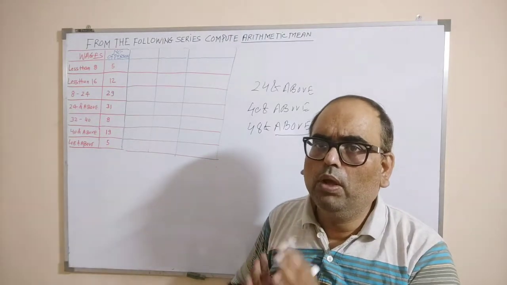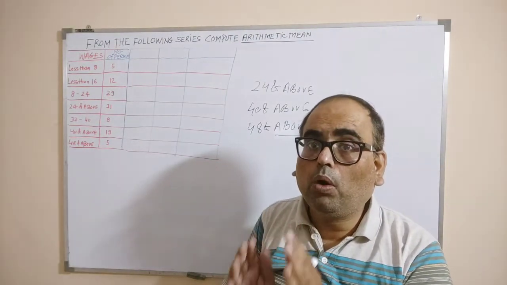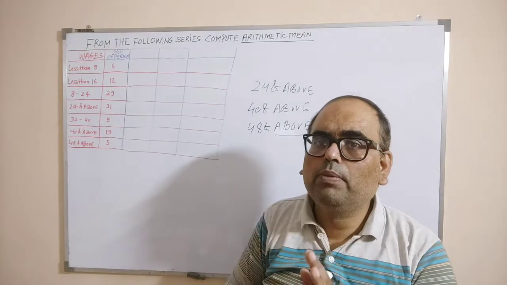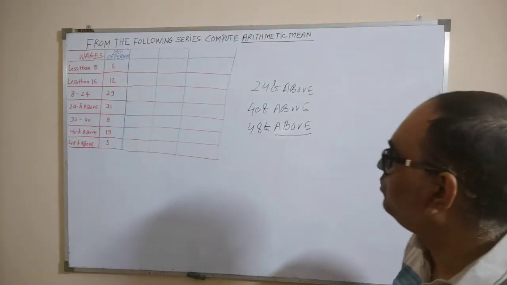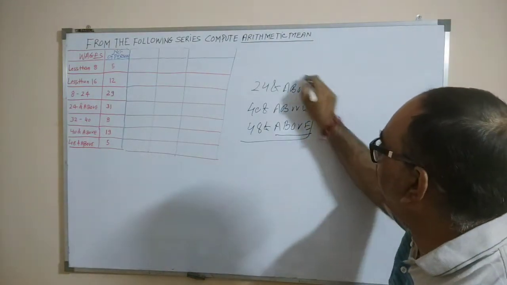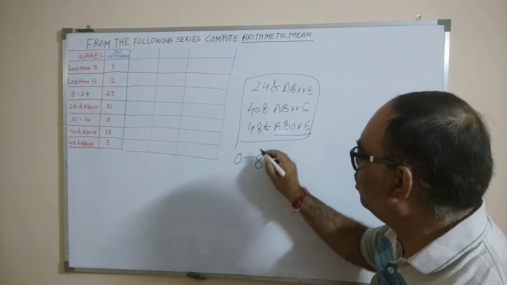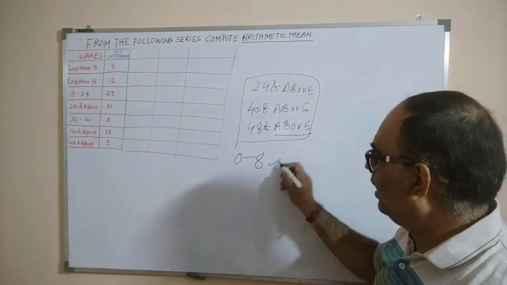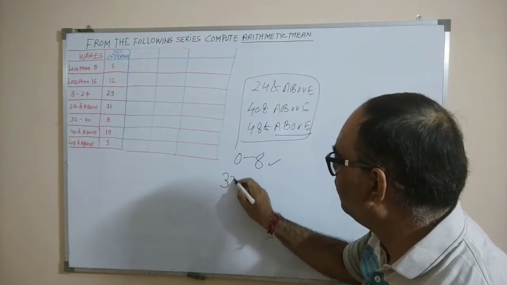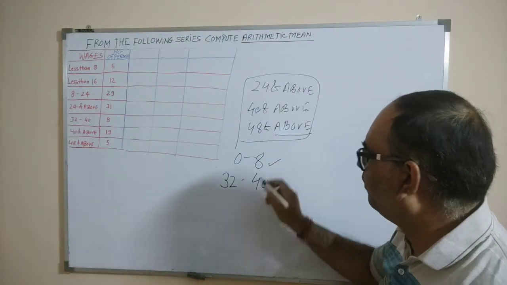What we just need to do is find out what the maximum wages will be. So how do we calculate this? We come to know that the first class interval is 0 to 8. And in our question, one more class interval is given, 32 to 40.